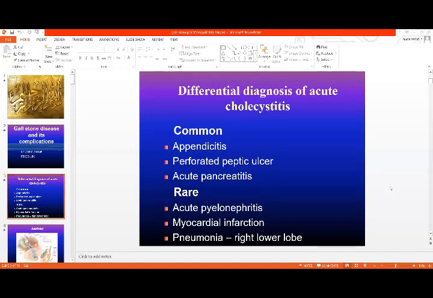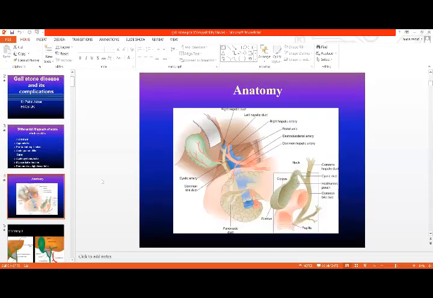Now sometimes there's a question on surgical anatomy. I remember there was one.